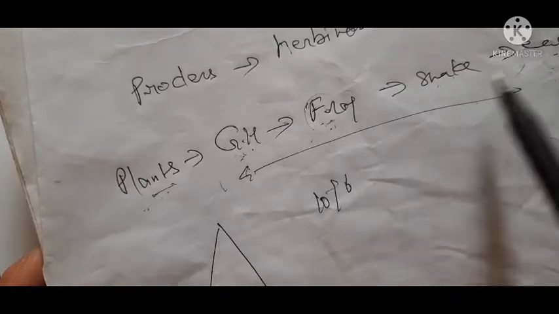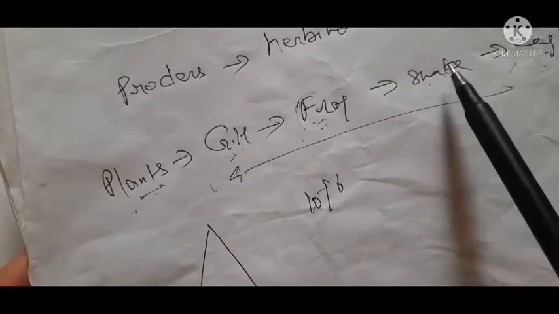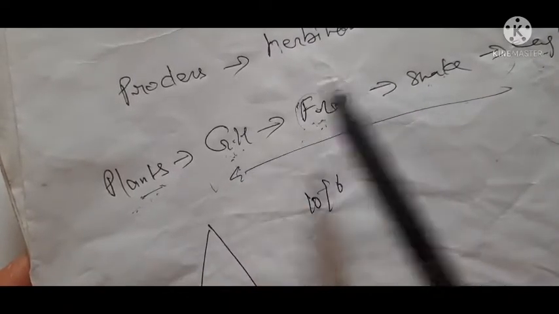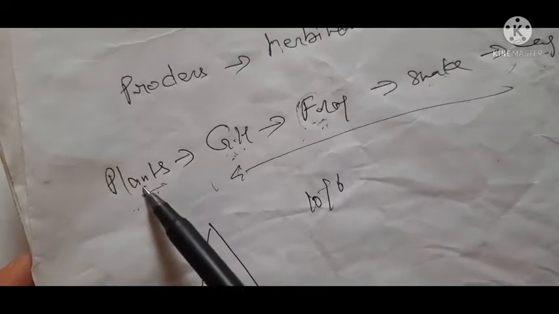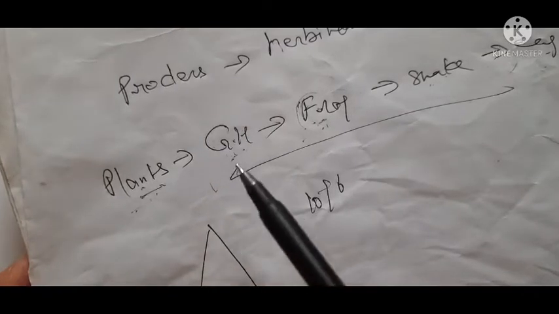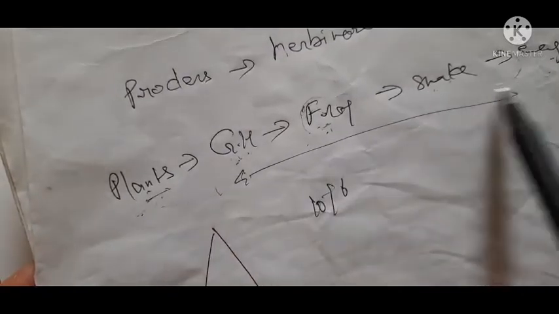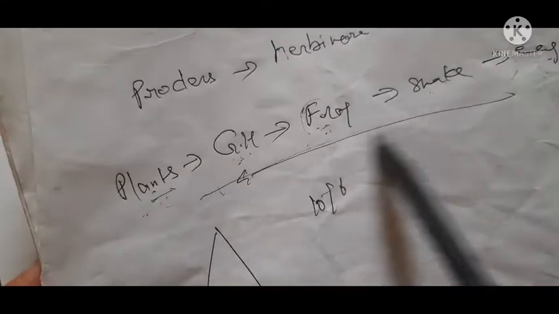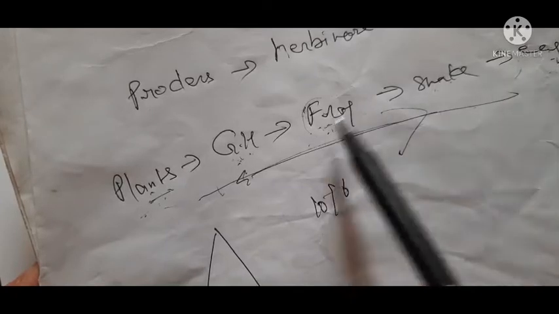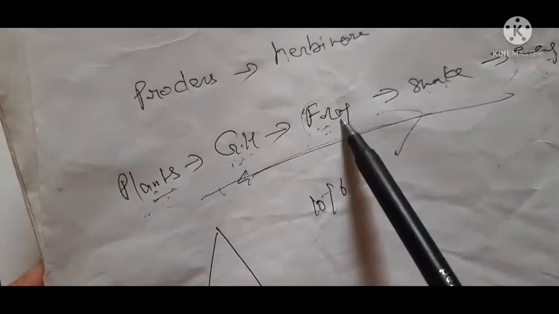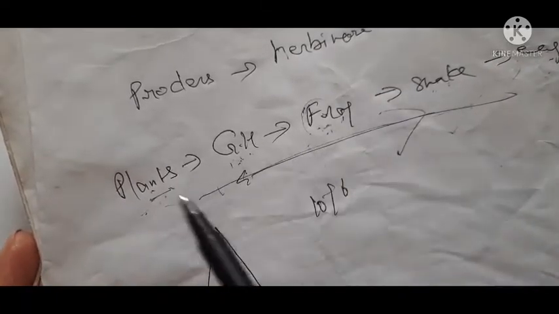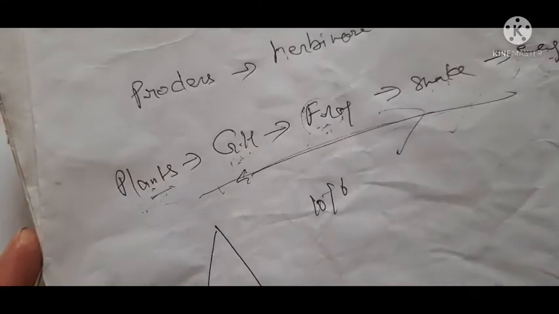It never happens that the snake gets back energy from the eagle, the frog from the snake, the grasshopper from the frog, or the plants from the grasshopper, or that plants return energy to the environment. This food chain is always unidirectional, in one direction, because the snake will not eat the eagle, the frog will not eat the snake, the grasshopper will not eat the frog, and plants will not eat the grasshopper. The energy decreases from the lower to the higher level.